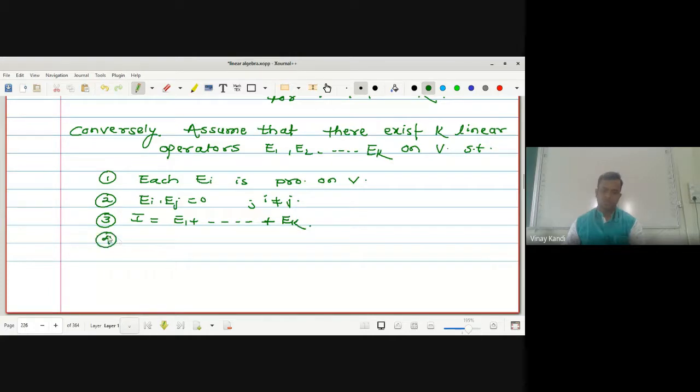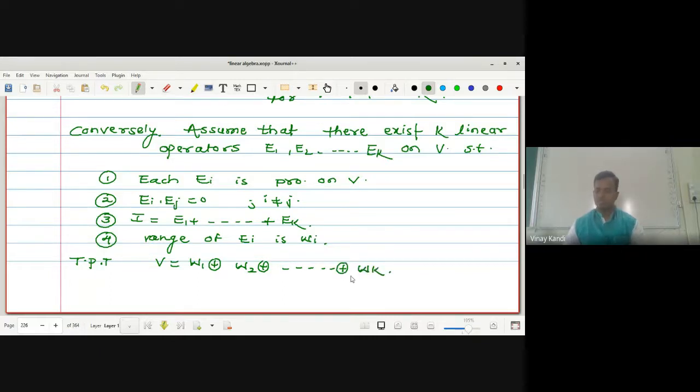And the fourth: the range of Ei is Wi. And we have to prove that V is equal to W1 direct sum W2 direct sum up to Wk.